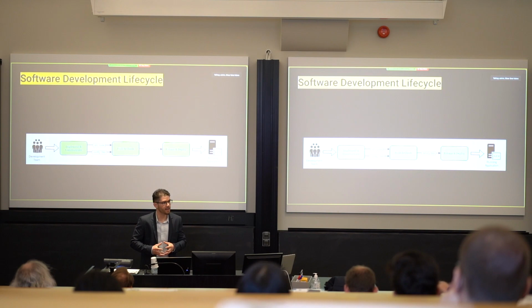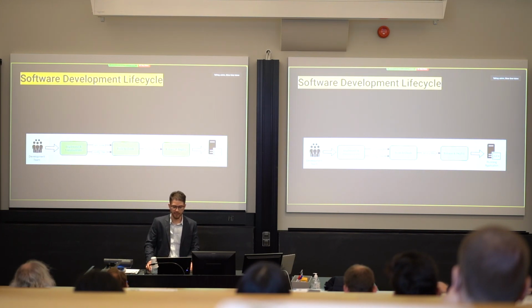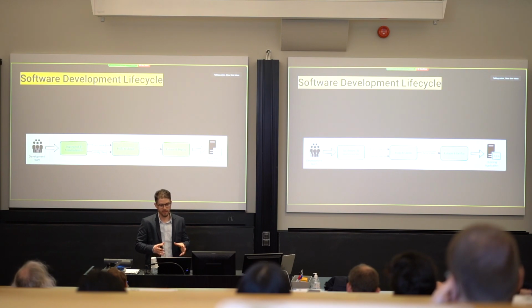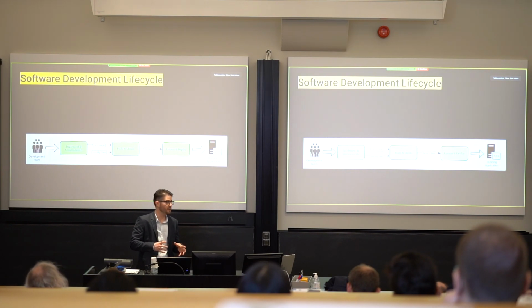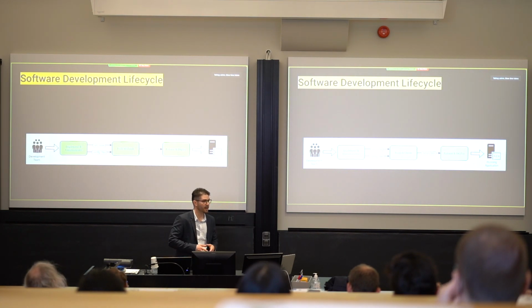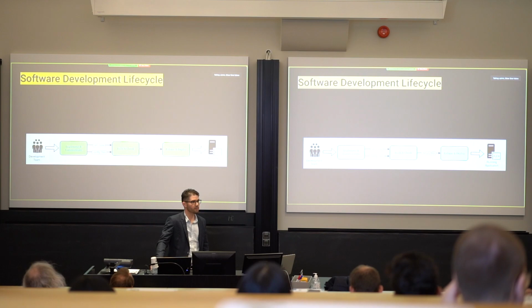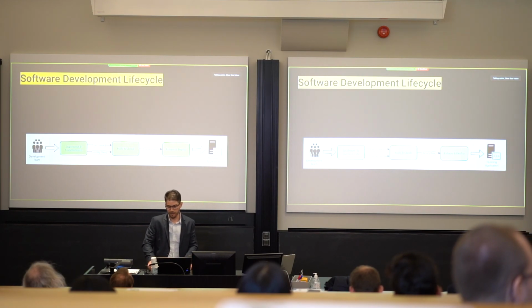And the source code and configuration files go into a build system that checks that the software is compliant with what it is supposed to deliver. And then there is a compiler that compiles the source code, bundles everything together, and then it is ready to be released and deployed. And the final destination is to be running in a running environment. It could be, for example, in the cloud or some other device.